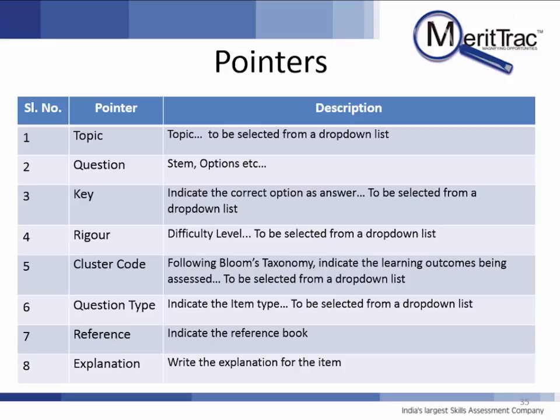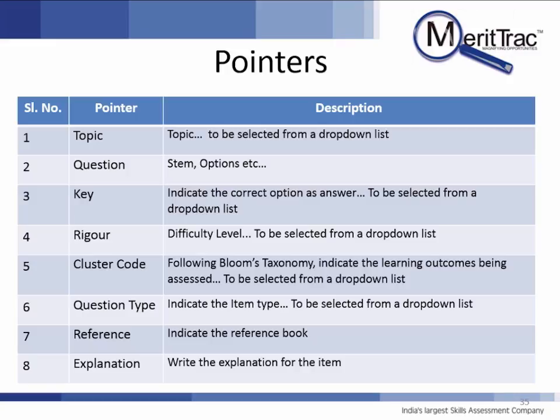Then 2 more pieces of information would be extremely important. One is reference and explanation. A reference is very important to understand which particular level you have captured this item for. And the last one is the explanation or justification.